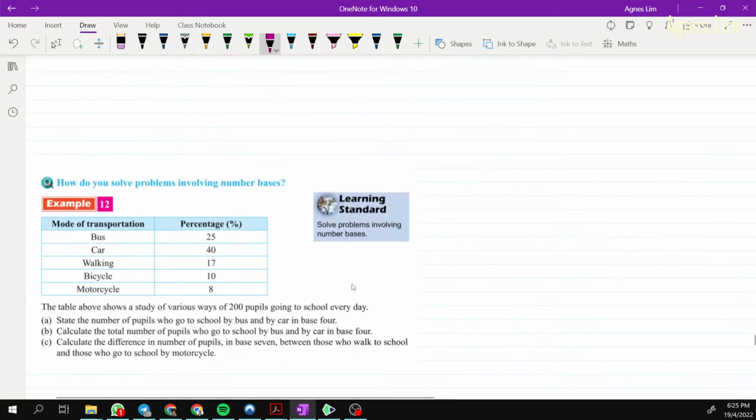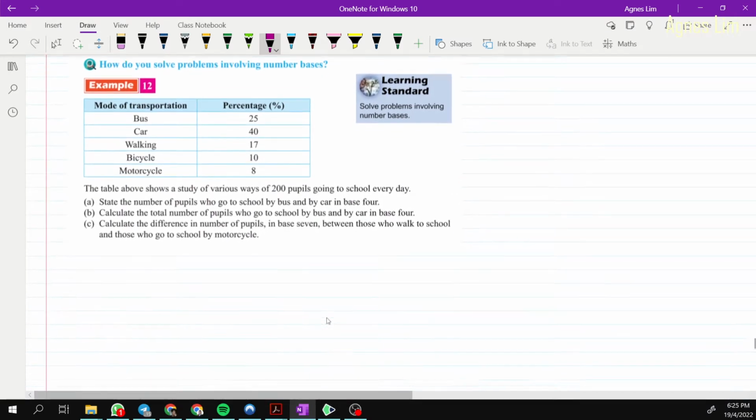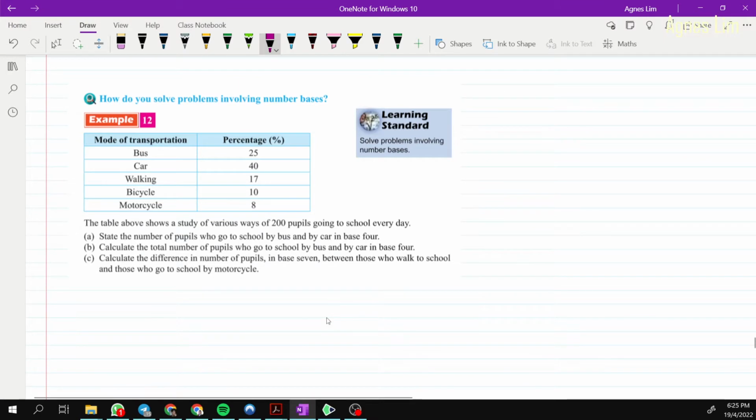Today we are going to see how we solve problems involving number bases. It can be any number base from 2 until 10. Let's look at example 12.